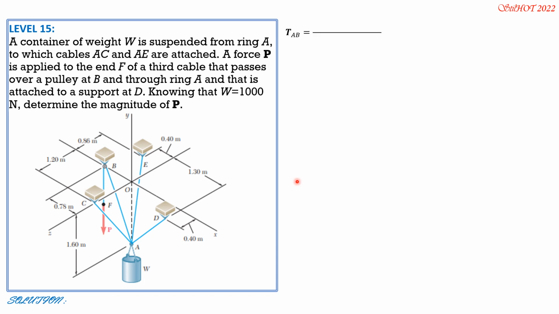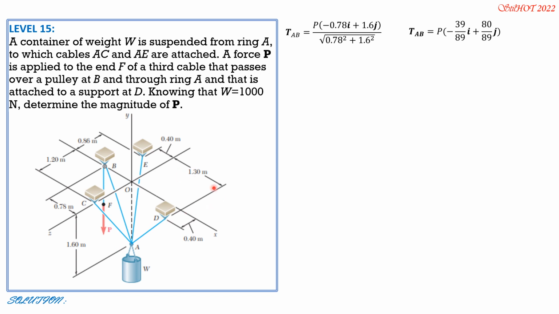So tension in AB is equal to magnitude, which is P. It is directed to the left, negative 0.78i, upward 1.6j, over square root of 0.78 square plus 1.6 square. So it is P, quantity negative 39 over 89 i plus 8 over 89 j. Tension AD is also P, and it is positive.